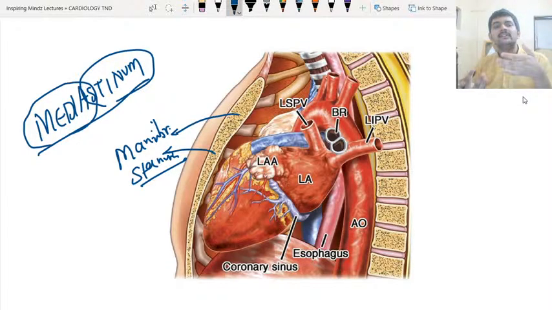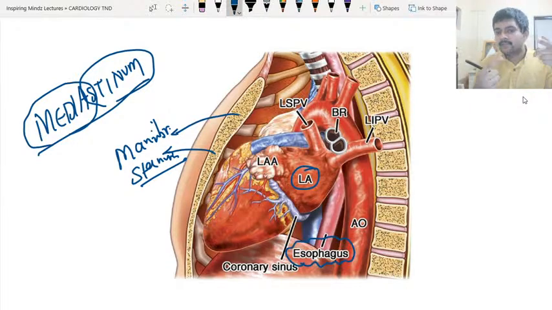If you observe it, you would get a very basic thing related to this question. See, this is the left atrium and this is the esophagus. This esophagus is present posterior to the left atrium, right?